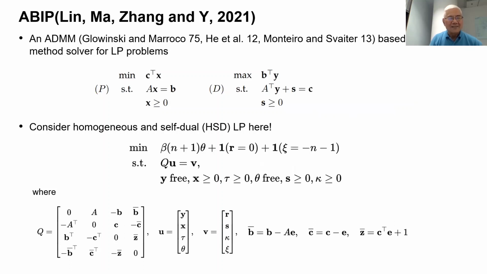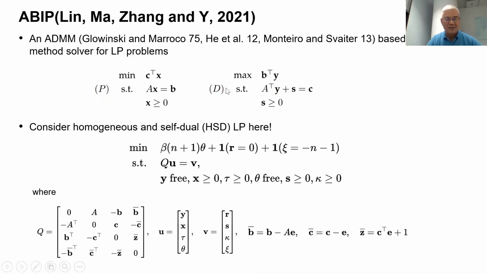So what is ABIP? ABIP uses the ADMM method. ADMM is a way to solve convex optimization problems with some kind of block structure.